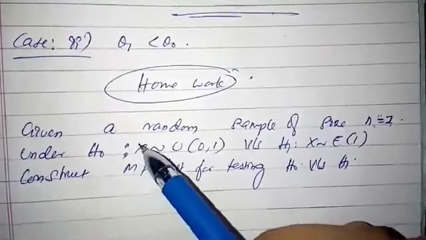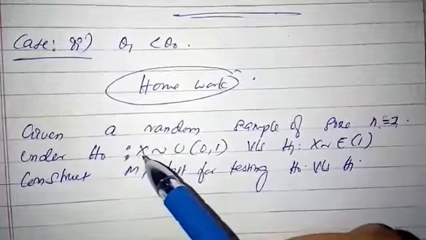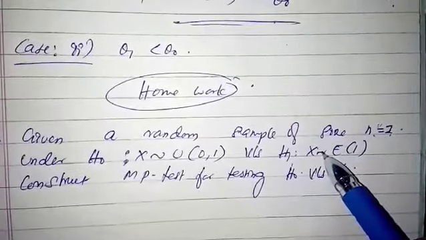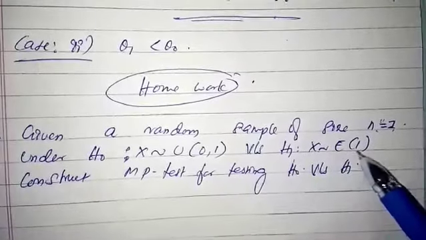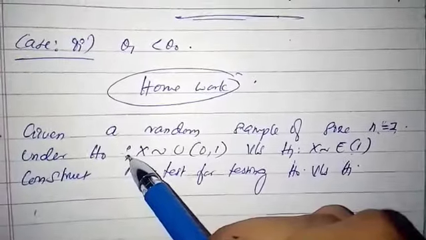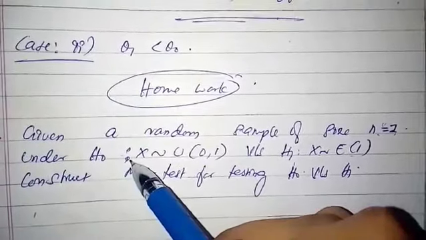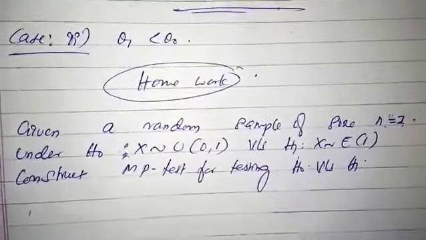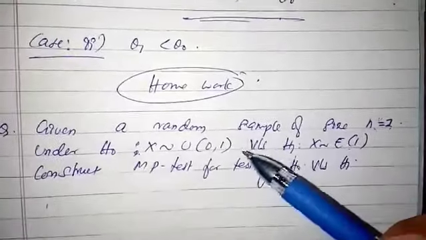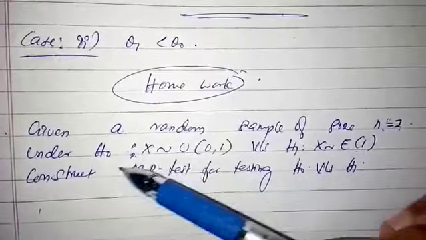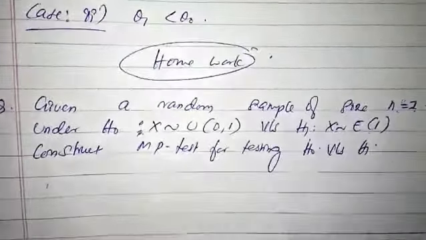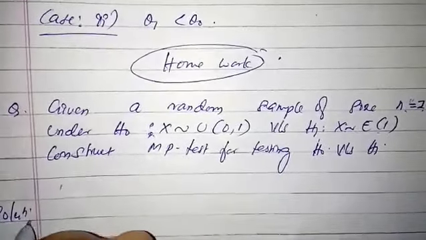In the alternative hypothesis, the random variable follows exponential with parameter 1, and the null hypothesis says the random variable follows uniform 0 comma 1 distribution. Here we need to construct the MP test for testing h naught versus h1. Okay, so we will construct the test.